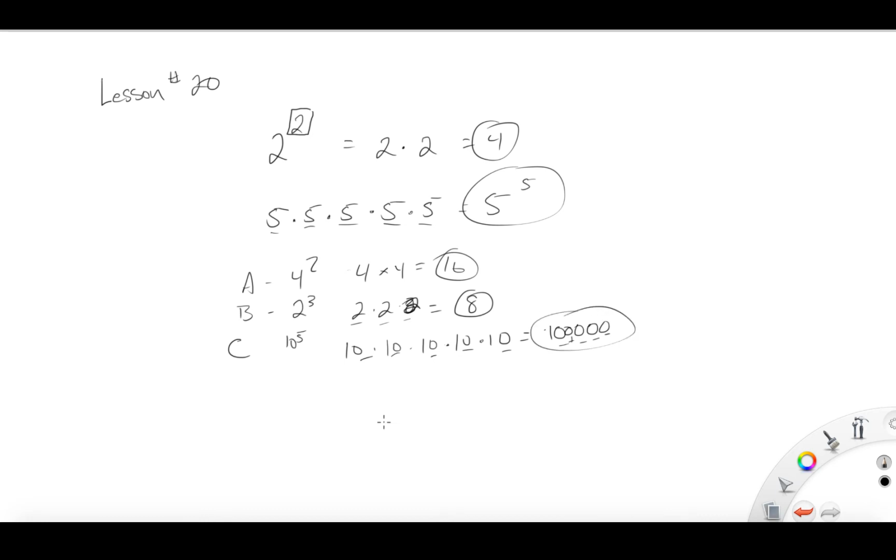It's 100,000. Okay, and then D, again, pretty easy. This shows a fraction, so it's 2 over 3, and then this is squared. So that means 2 over 3 times 2 over 3 equals 4 over 9. So all of those are relatively easy answers.